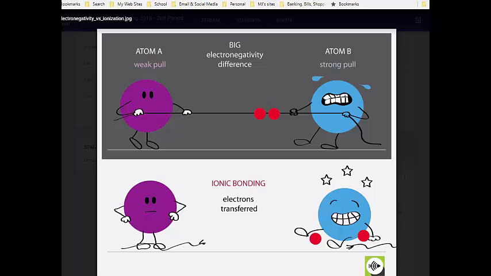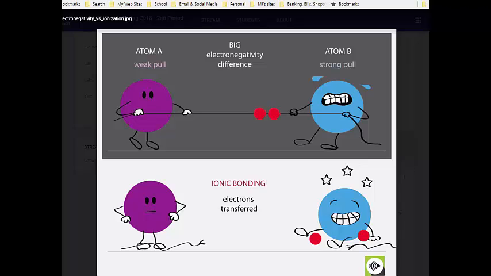That top section there is illustrating what happens when two different nonmetal atoms are sharing electrons, because they don't share evenly. When you think about sharing things, it's like, yeah, I'll give you my turkey sandwich if you give me your peanut butter sandwich. You kind of share evenly, right? Everybody gives and gets something.